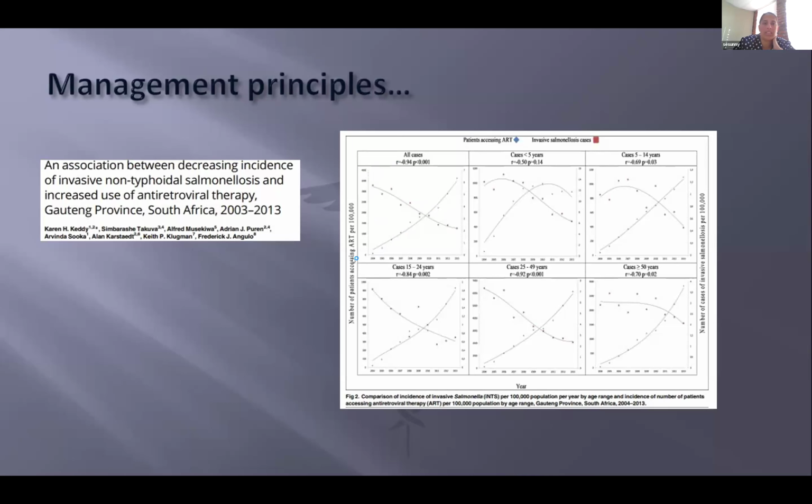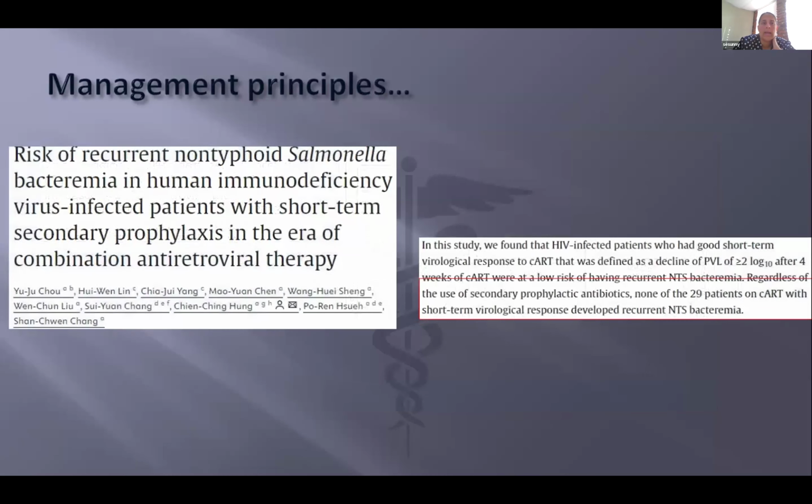But does this mean that we can potentially shorten the duration of treatment in these patients? And to answer that, this was a small study, again, of about 30 patients looking at the risk of recurrent NTS bacteremia in HIV positive patients with short-term secondary prophylaxis in the era of combination antiretroviral therapy.